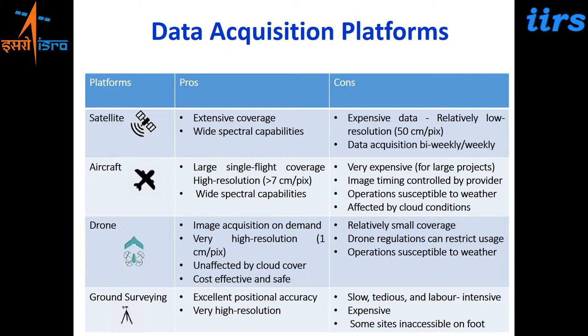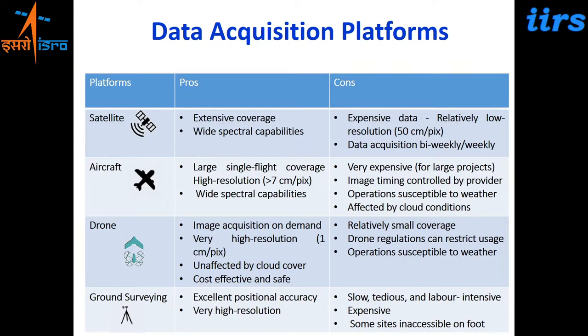But if we move on to the microwave data sets, they are not affected by the weather conditions. So aircrafts, though they provide you high resolution, the cost is high and they are manned missions. Because of this, the cost increases and the operations are susceptible to weather conditions. They are affected by cloud.